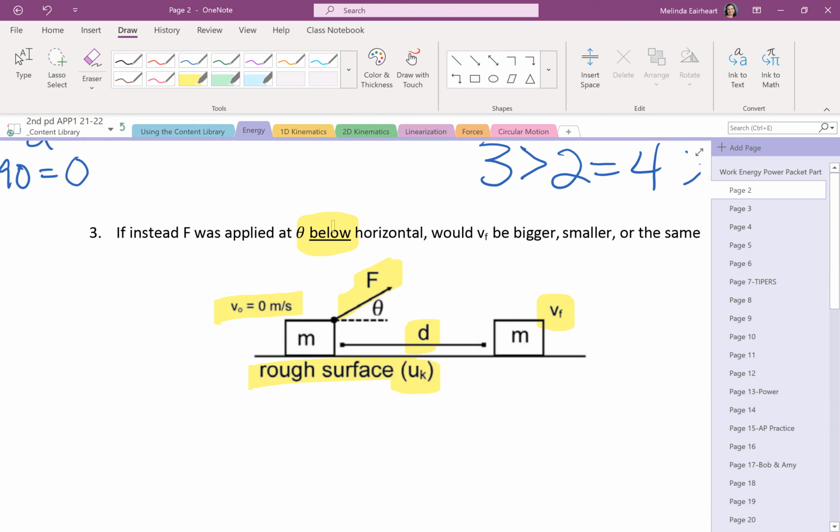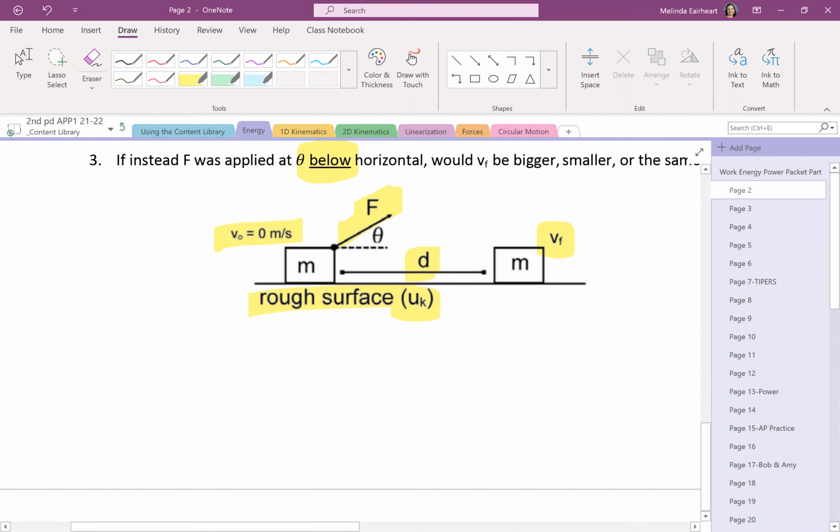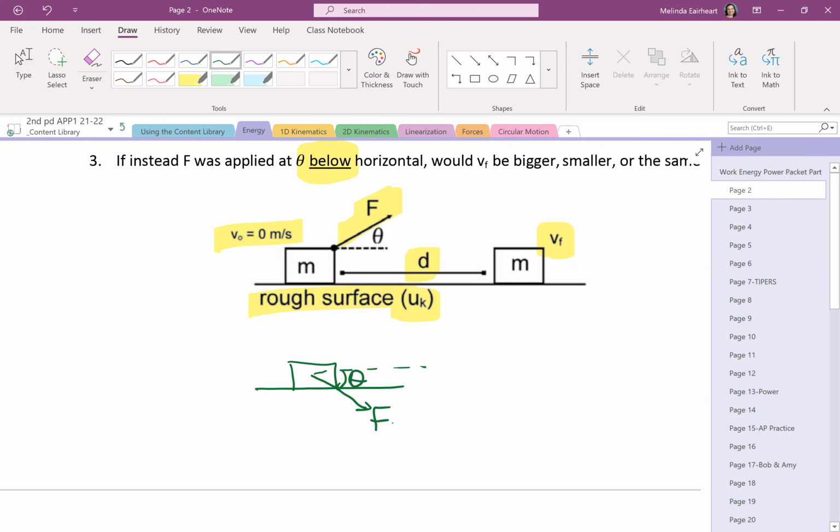When you push down on the object and push below, so your new picture would be, F would now be below, angle remains the same, force remains the same. The only difference is above versus below. Your horizontal piece is going to be the same, right? So the horizontal component would be the same, but your vertical component is where it changes things.